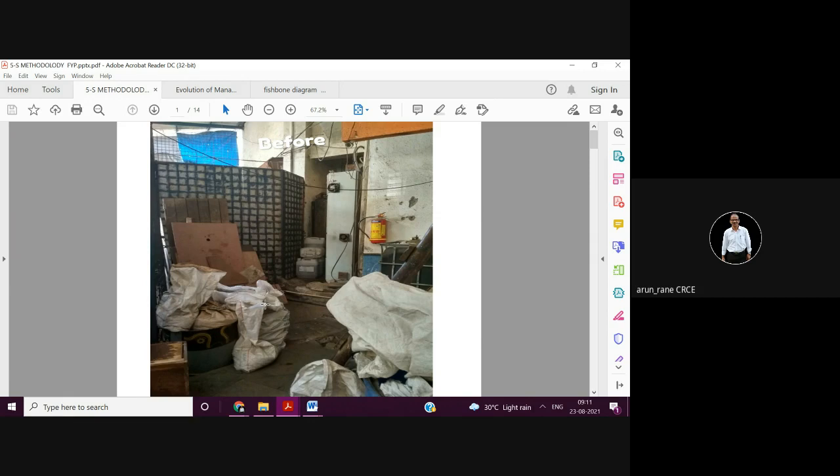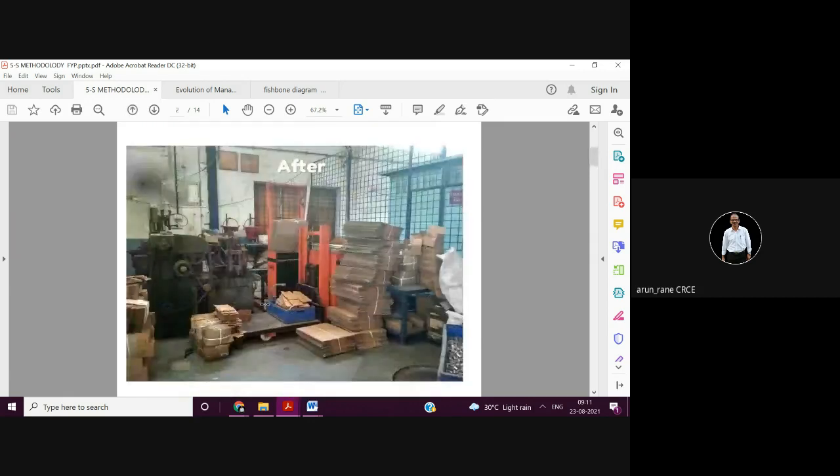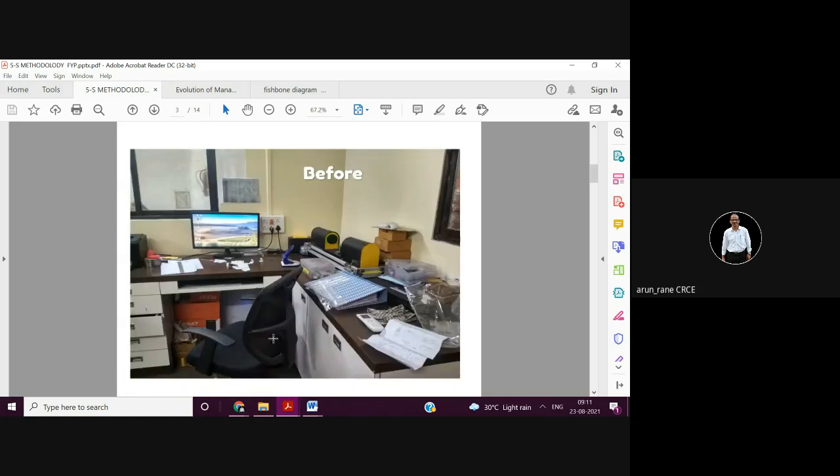or before implementing Kaizen, and this is how it will look once the 5S is implemented. This is for the office table, because as I said, TPM, TQM, everything is applicable for the office also, and it's not necessarily for the shop.